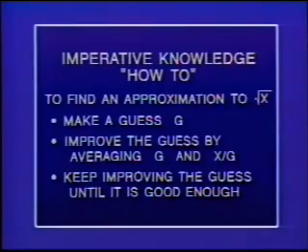And what it says is that in order to find a square root, you make a guess, you improve that guess, and the way you improve the guess is to average the guess and x over the guess, and we'll talk a little bit later about why that's a reasonable thing. And you keep improving the guess until it's good enough. That's a method. That's how to do something, as opposed to declarative knowledge that says what you're looking for. That's a process.